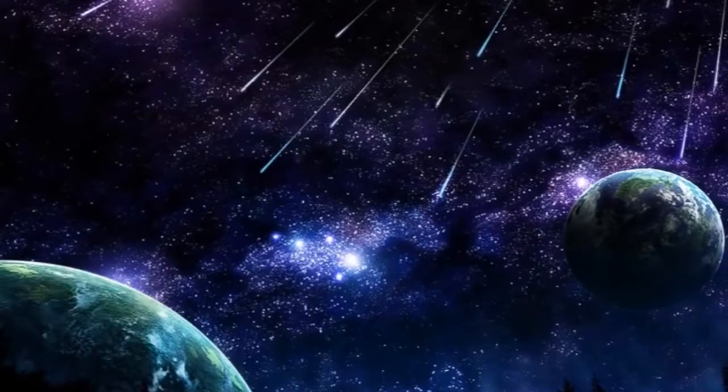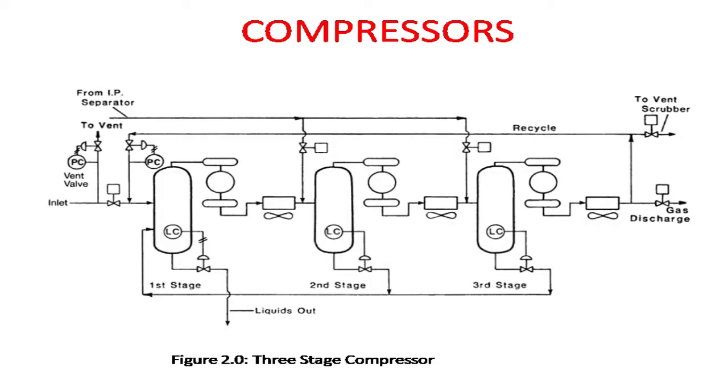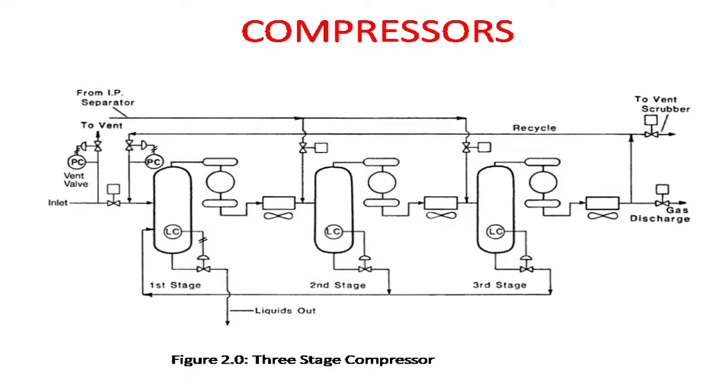Okay, I'm going to show you how we're going to design a compressor. This is a typical three-stage compressor process. We see the first compressor, the second, the third, and we see all the instrumentation on the compressor. So, the method of calculating.